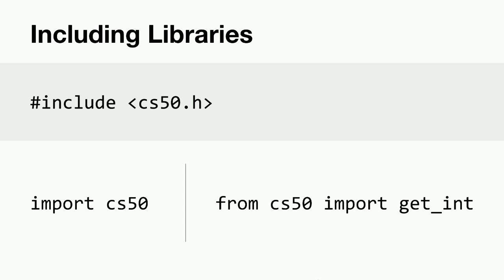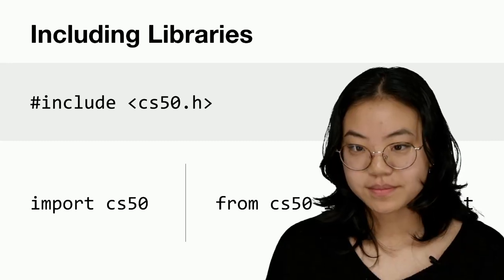You could just import CS50 itself, and when you do so, you would then have to specify, when you're using some sort of function, this dot notation, where you have cs50.get_int, and so that would be how you would call that function. Or if you know exactly what function you want to import, then you can use this syntax on the right here, from cs50 import get_int. So we'll see an example of this very soon.